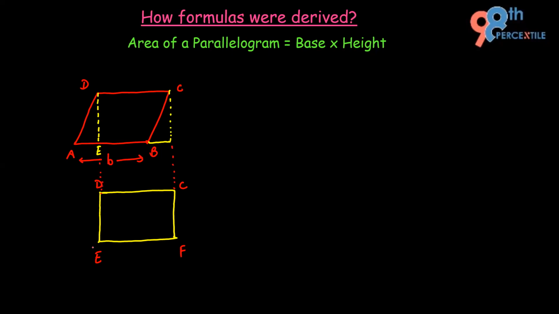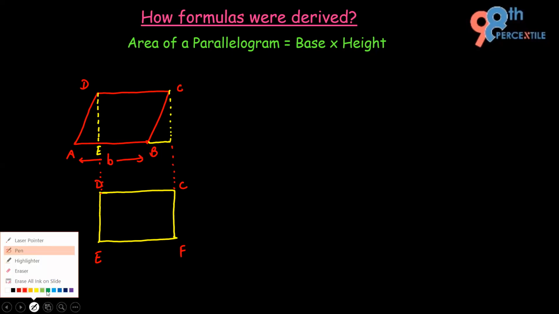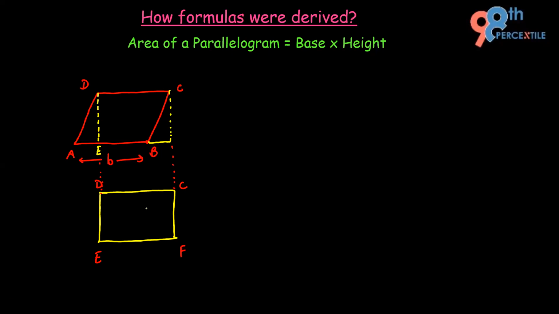Now, if you observe carefully, what are the dimensions of this rectangle? This whole length AB was made up of two line segments, AE plus EB. Now, what I did was take this length AE and place it over here.